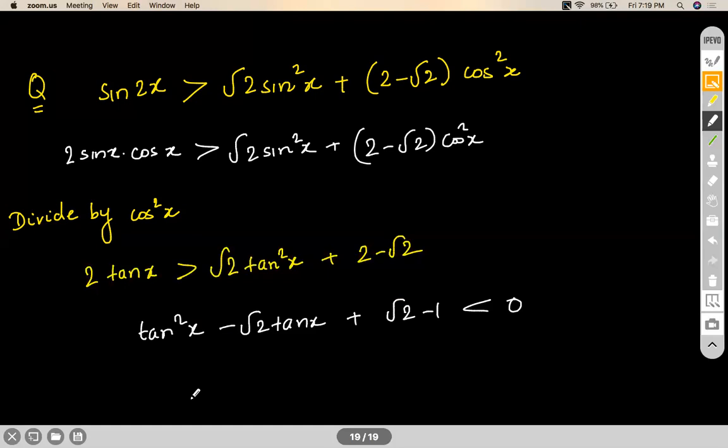Is that clear? Any questions so far? Okay. Now this is factorizable actually. Let me show you how.